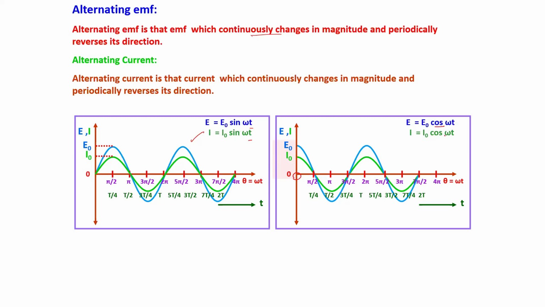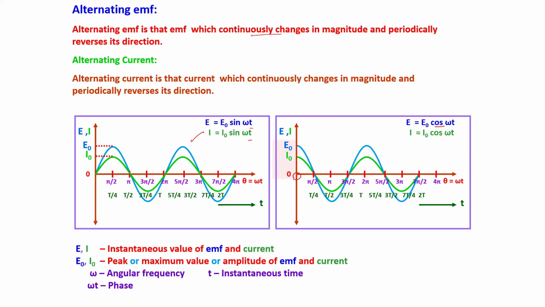Here, E and I represent the instantaneous values of EMF and current, whereas E naught and I naught represent the peak or maximum values of the EMF and the current, omega represents the angular frequency and t represents the time.